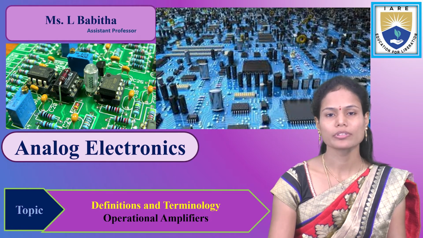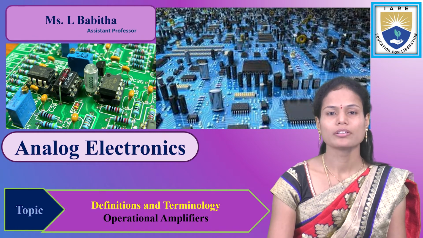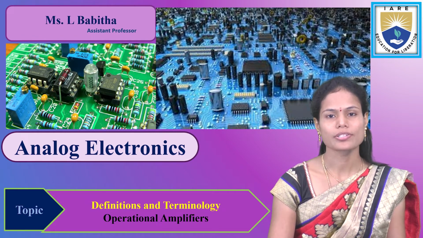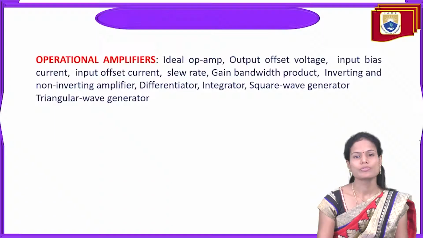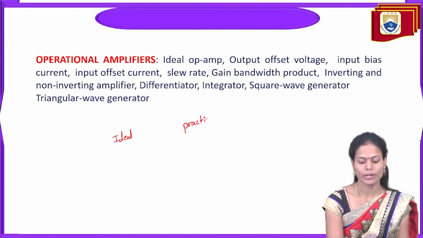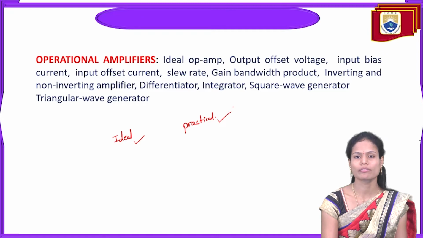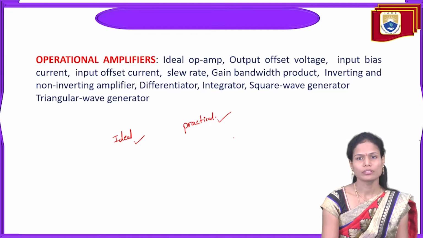In this session, I'm going to discuss different definitions as well as terminologies which we are going to utilize in the operational amplifier module. In the case of operational amplifier, we're going to discuss the ideal operational amplifier as well as the practical operational amplifier, and what the characteristics of each are.